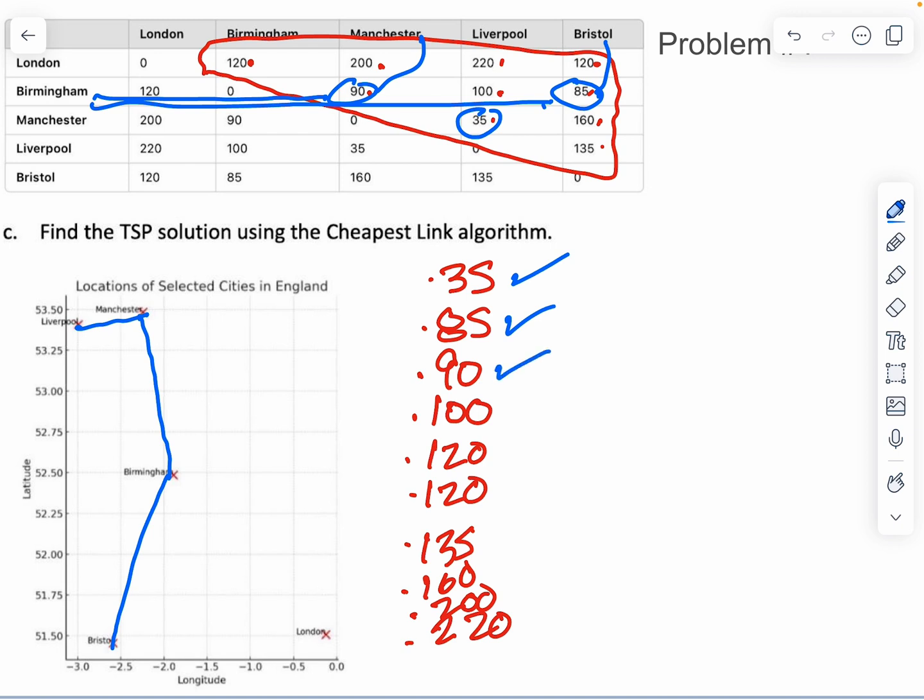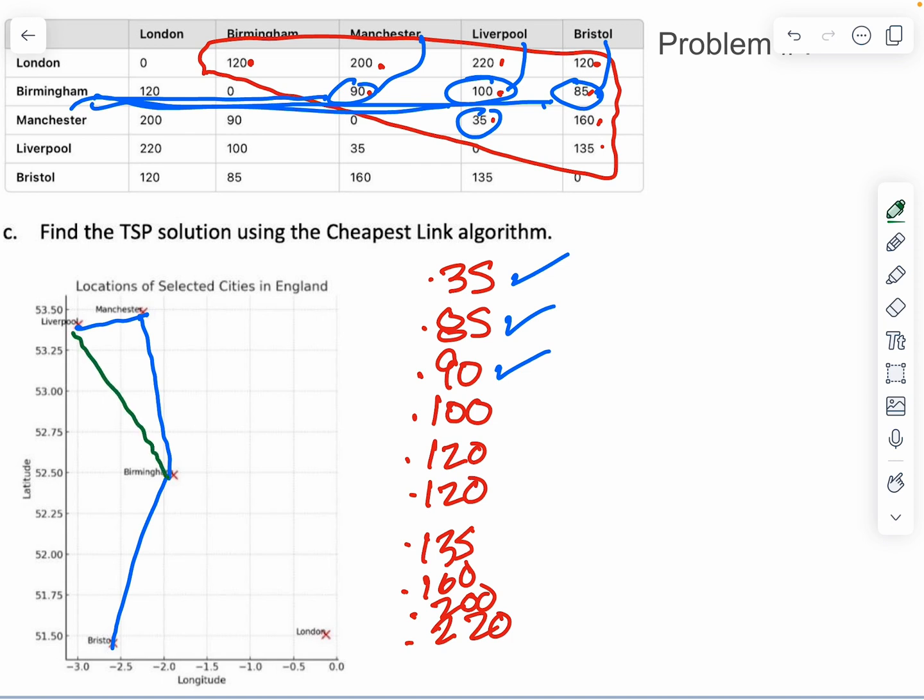But when I get to my next one, I've got to be careful. Here's my next one, and it's 100. And so 100 is Liverpool to Birmingham. Now, I'm going to do this in a different color, I'll do this one in green. Liverpool to Birmingham is going to be a no-no.